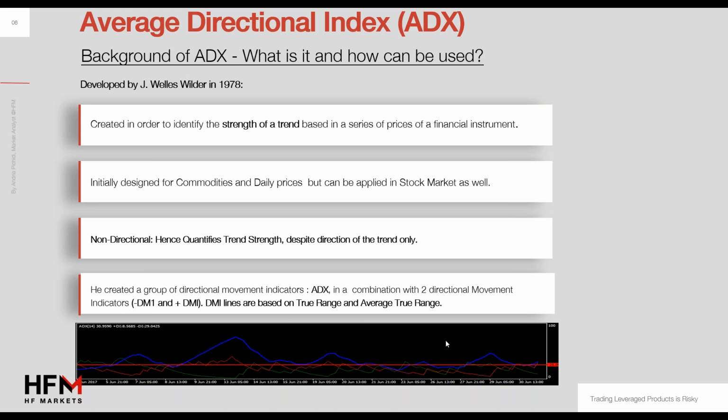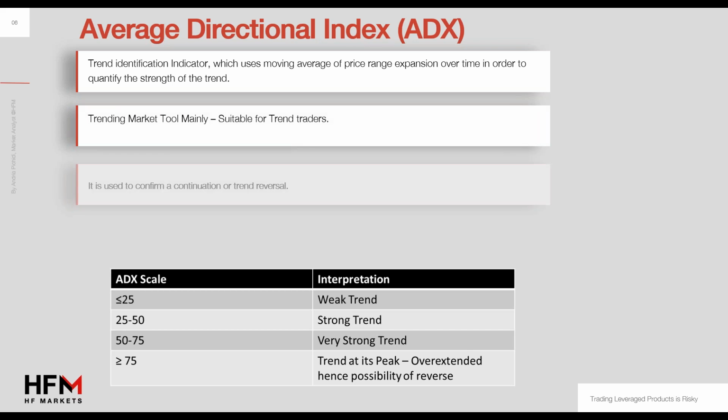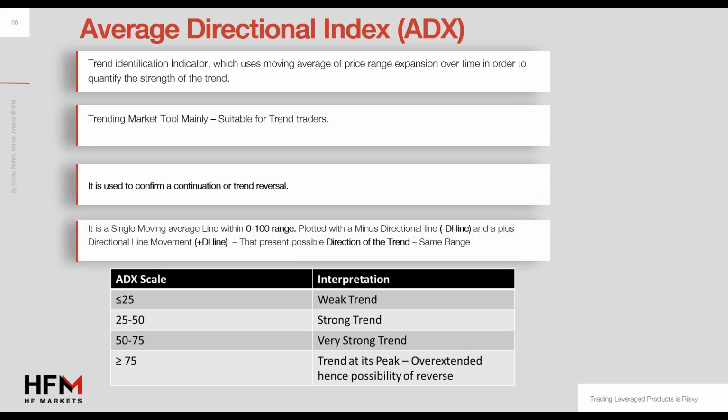Basically, these lines are based on true range and average true range. Let me move on just to explain these 3 lines and which one matters the most. Okay, perfect.